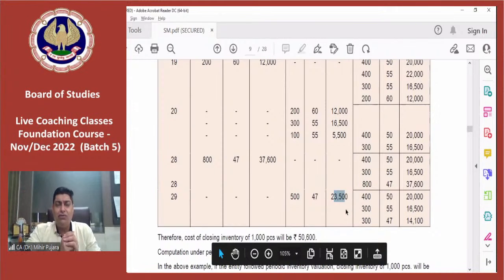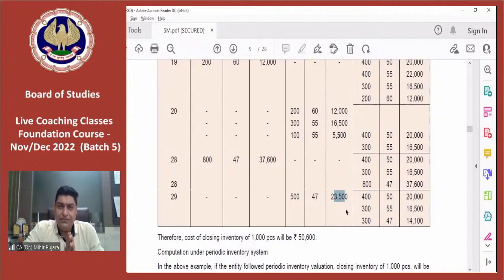This total is called COI, cost of issue, or you can say cost of goods sold, COGS. Cost of issue or cost of goods sold, if you make a total of the issue amount column.